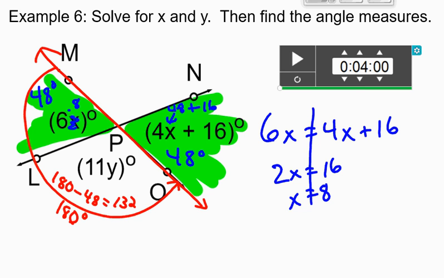So then 11y has to be equal to 132. 11y equals 132. y is going to be 12.